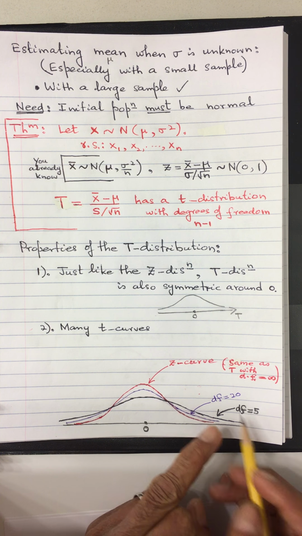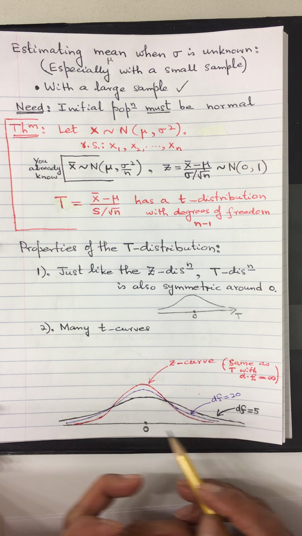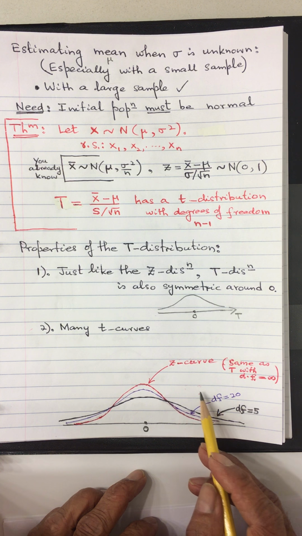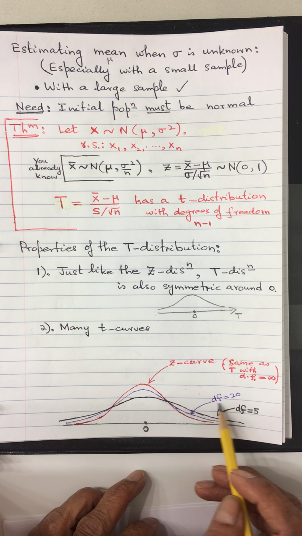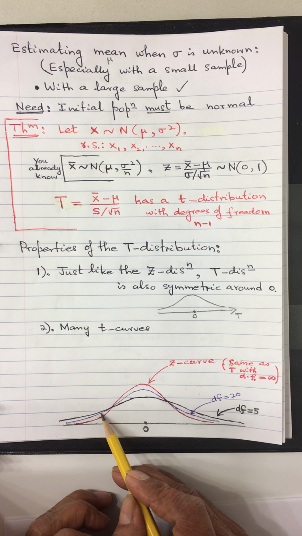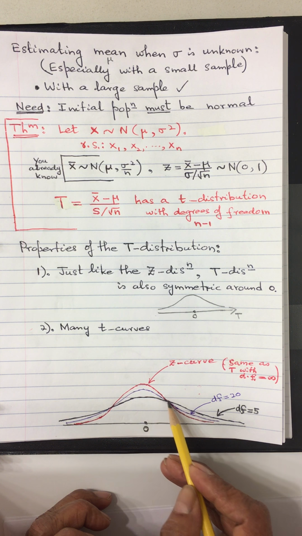So when the degrees of freedom is larger, the curve is a little more concentrated toward the center. If you look at degrees of freedom 30, it's going to go even lower in the tails and higher in the center.